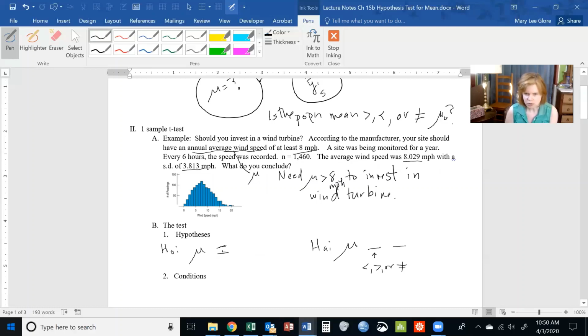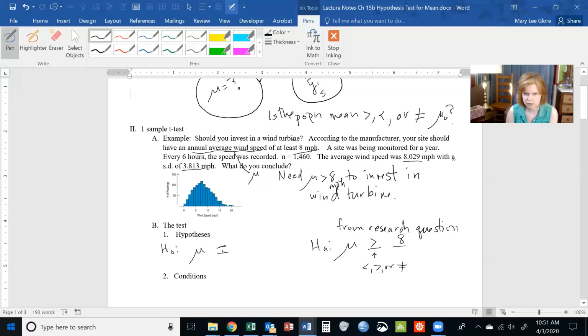The alternate comes from the research question. We look and ask, what is it we're trying to prove here? And that becomes my alternate hypothesis, the inequality: less than, greater than, not equal. Here, we need it to be at least 8 miles per hour, so this is greater than 8.